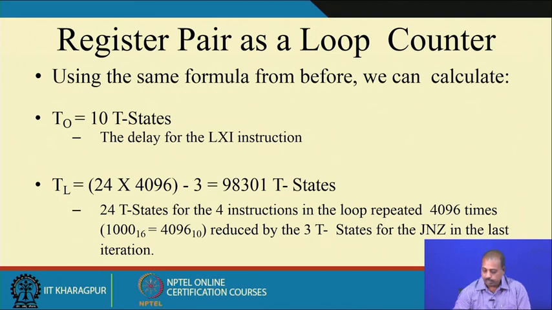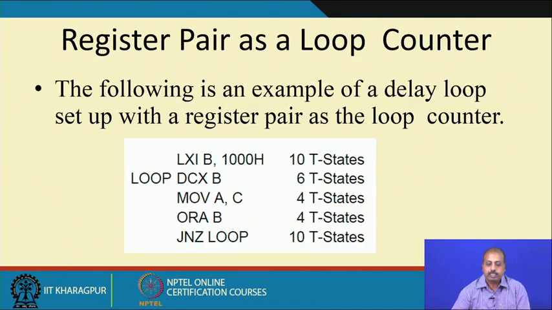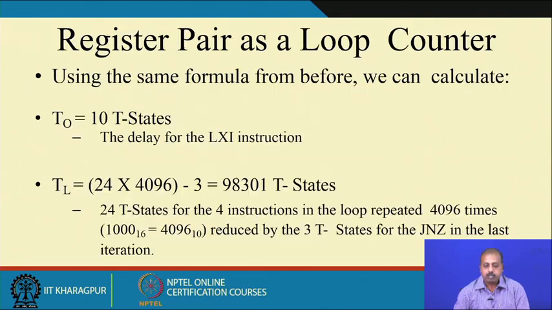The sum of these T states is 6 plus 4 plus 4 plus 10, that is equal to 24. So, 24 into 4096 minus 3. The 3 is subtracted because the last iteration will not take 10 cycles, it will take 3 cycles less. So, total is 98301 T states. So, 24 T states for the 4 instructions in the loop repeated 4096 times, reduced by 3 T states for the JNZ instruction in the last iteration.